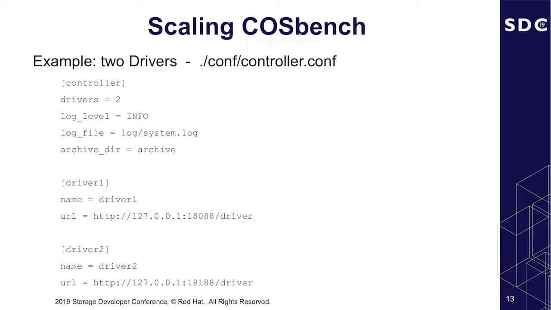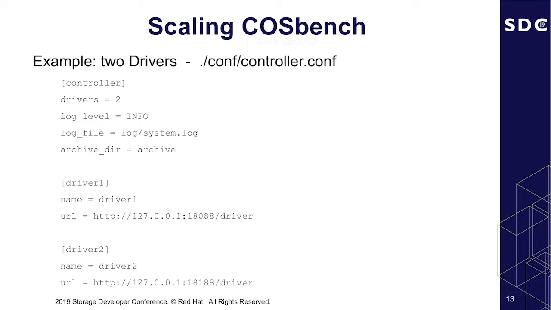This example shows if you were to have two drivers and they were both located on the local host, you list them out inside of this controller file, and you'll notice that the port offset is by 100.